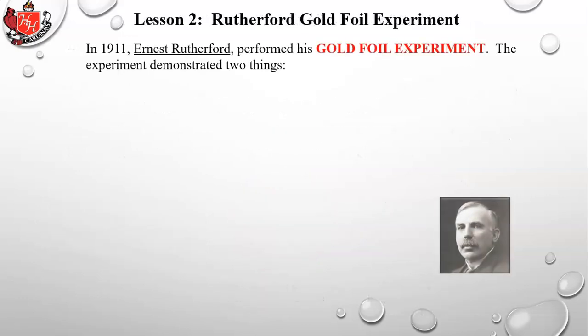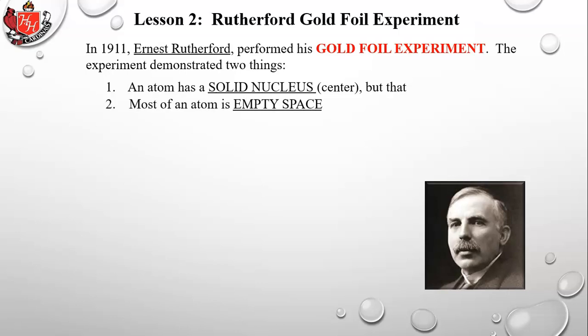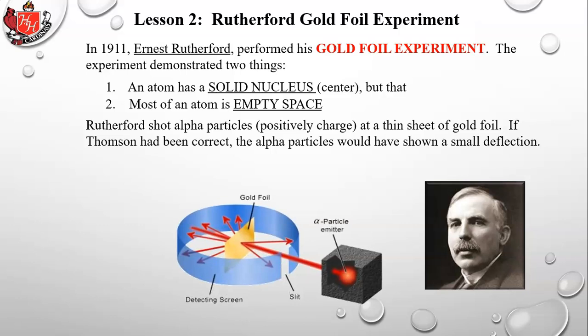In 1911, Ernest Rutherford performed the gold foil experiment. The experiment demonstrated two things. One, an atom has a solid nucleus center, but most of the atom is empty space. Rutherford shot alpha particles, which are positively charged particles that contain 2 protons and 2 neutrons, at a thin sheet of gold foil.